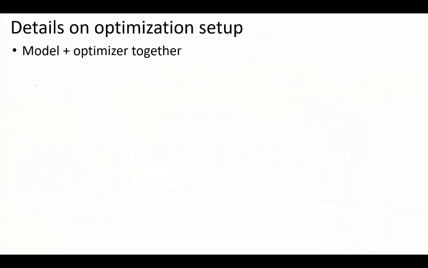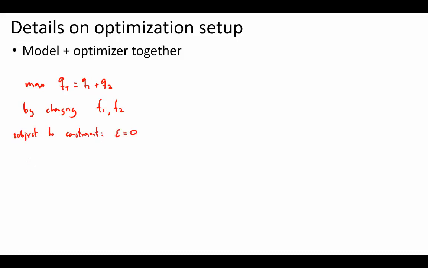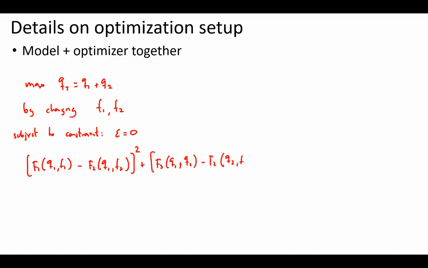So in our case, we want to maximize Q total, which is Q1 plus Q2, by changing F1 and F2, but subject to the constraint that epsilon is equal to 0, or equivalently that F1 Q1 minus F2 Q1, F2 squared, plus F3 Q1, Q2 minus F2 Q2, F2, is equal to 0.